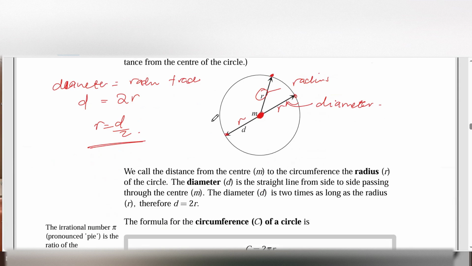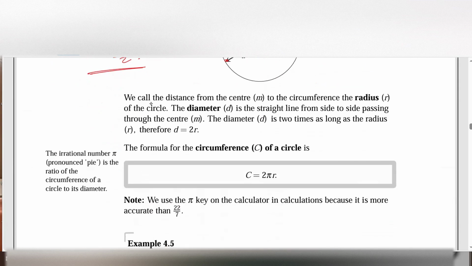Okay, now there's a formula that we normally use if we want to find the circumference. It's normally given as 2 pi r, or some people just call it pi times d, which is pi d. Now in 2 pi r, pi is a constant number. In some books, it's given as 22/7.